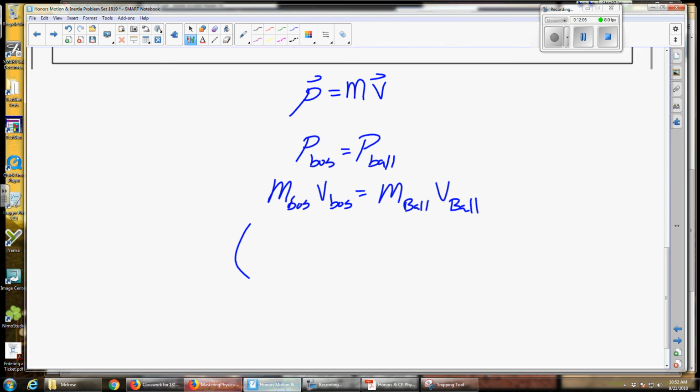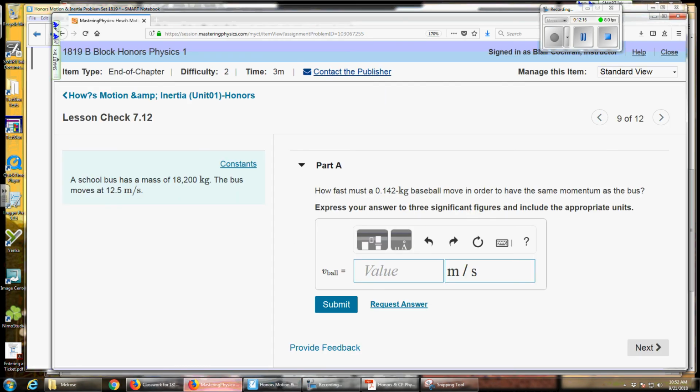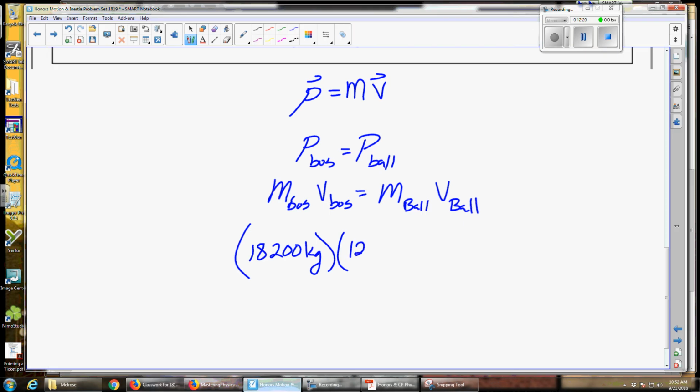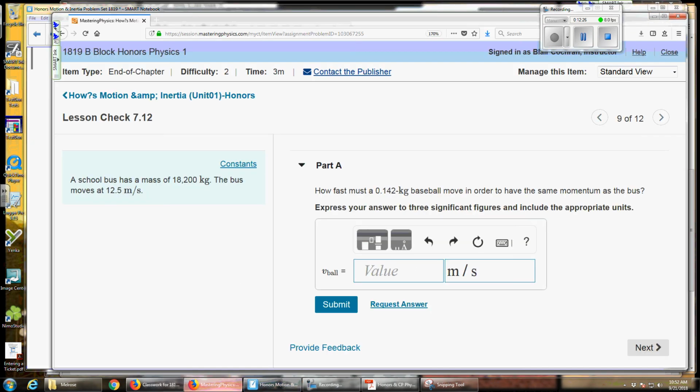18,200 kilograms. I don't draw the comma just because people mistake it for a decimal point. And 12.5 meters per second. Mass of the ball. Now be careful, you have different numbers than me, right? So if you're following along doing this with me, make sure you put your numbers in, not mine.